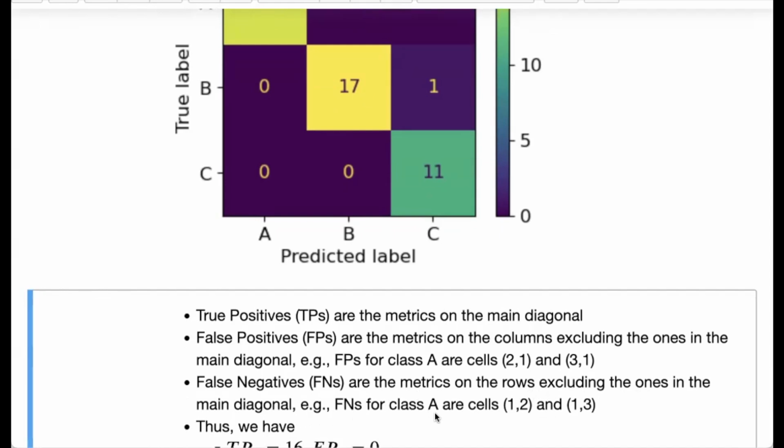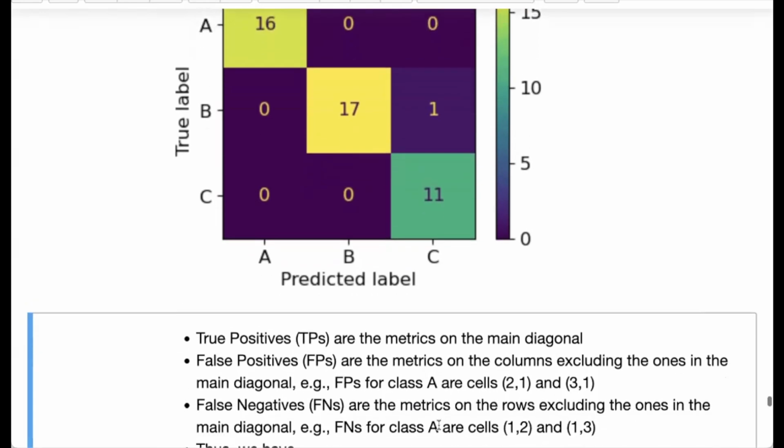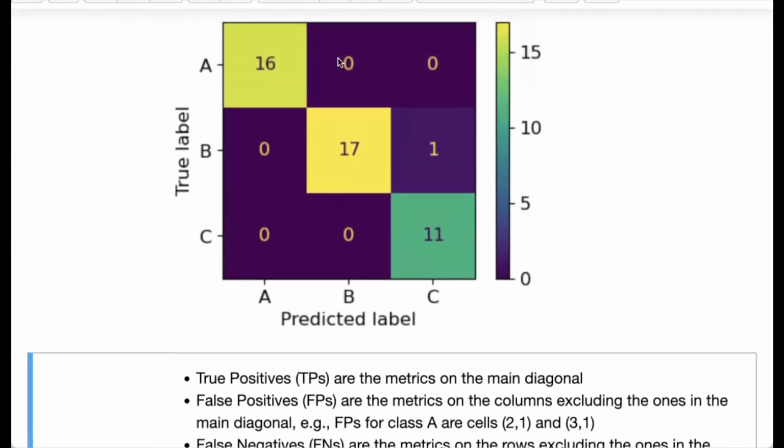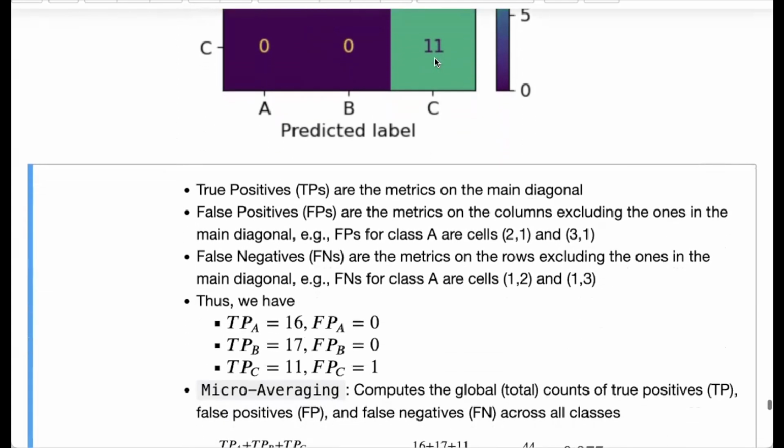So false negatives for class A, based on this definition, are the ones located at row 1 and column 2, and row 1 and column 3, these two. So this way we can define false positives and false negatives.